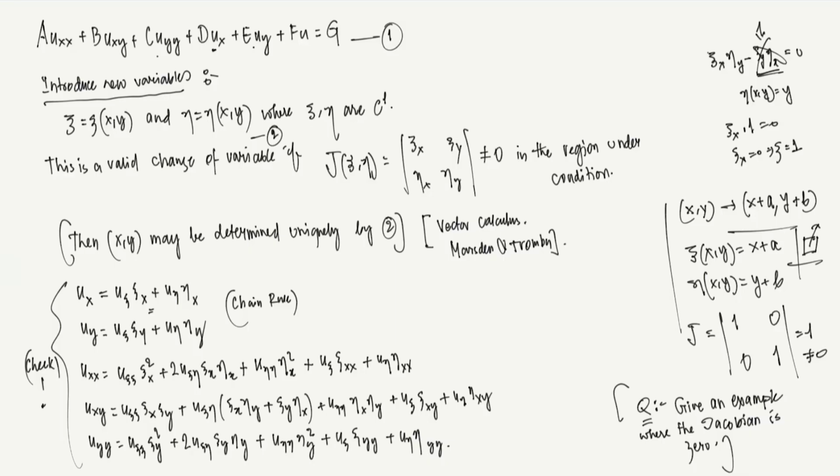Okay, so now once this is done, you can substitute ux, uy, uxx, uxy, uyy, all of this into equation one. Substituting in one, we'll have an expression in terms of xi and eta.